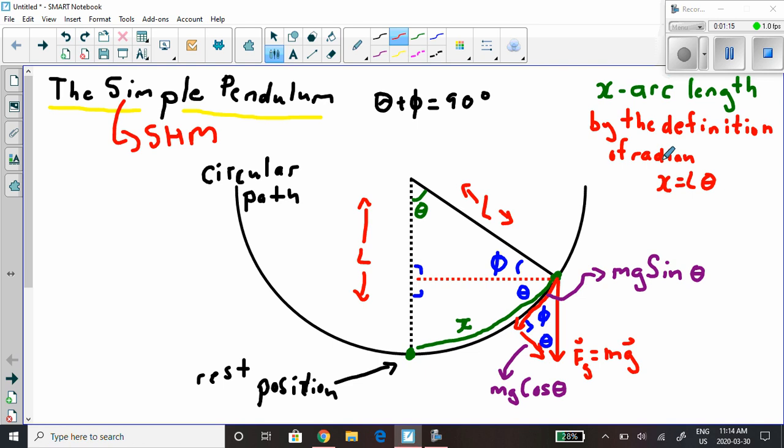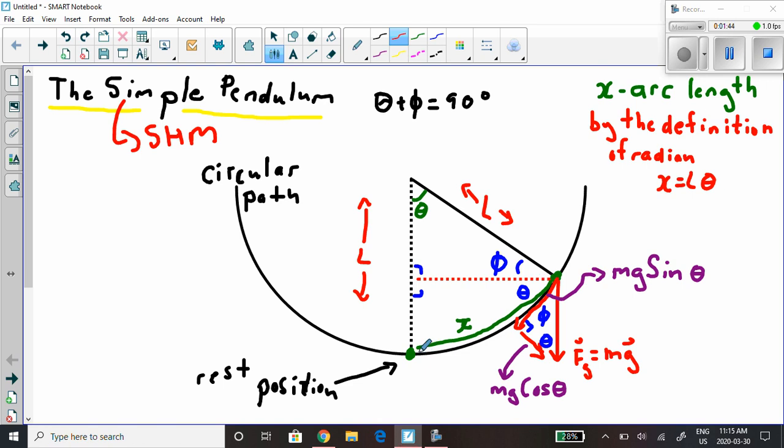And you probably have learned about this in math class, that by definition, a radian, a unit for measuring angle, is defined by this equation right here: the path length is equal to the length here, which is the radius, multiplied by the angle here that matches the path length, the arc length.